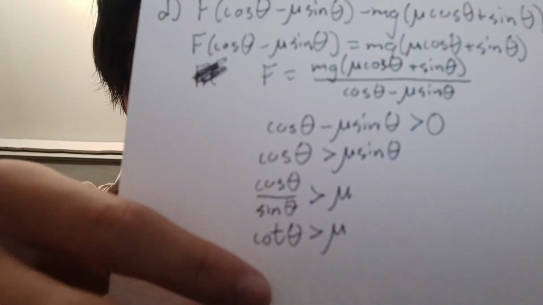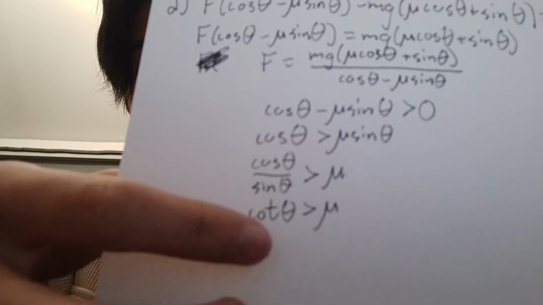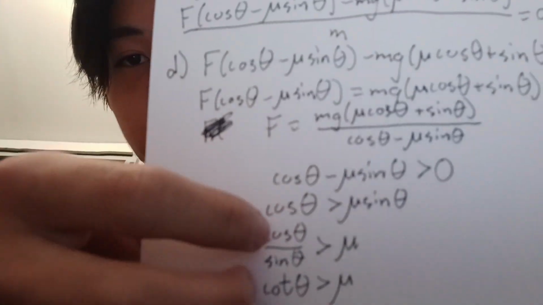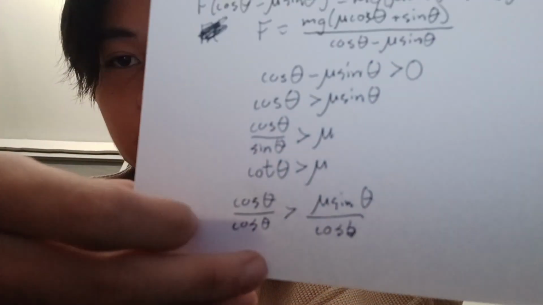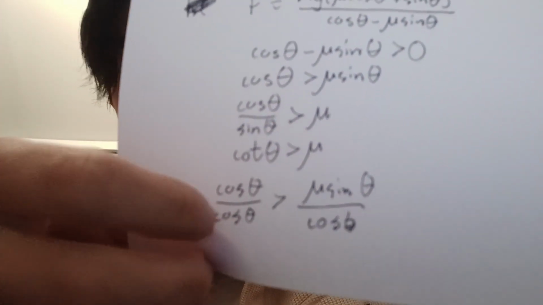And if we want to get it in terms of, like, switching them around, then we can divide both sides by cosine instead. We get this, right? And then this just simplifies to 1.